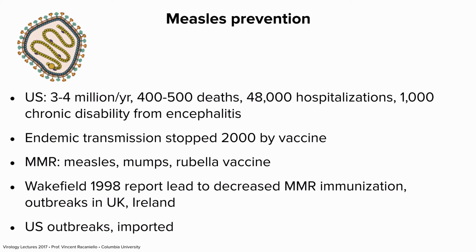He lost his license in the UK, but he's now in Texas and still doing anti-vaccine activism. And even though this vaccine is safe, it prevents measles, there are still people who believe him and will not immunize their kids. There have been many outbreaks in the UK and Ireland, and these get imported into the US, and they find the people who aren't immunized, and there are outbreaks in the US.